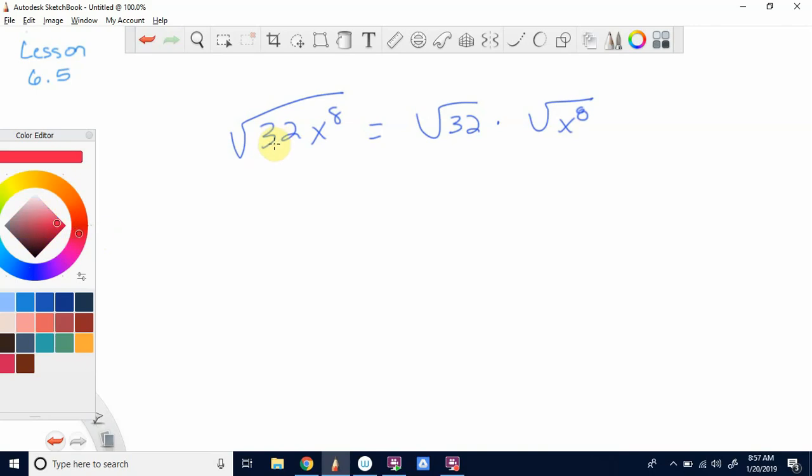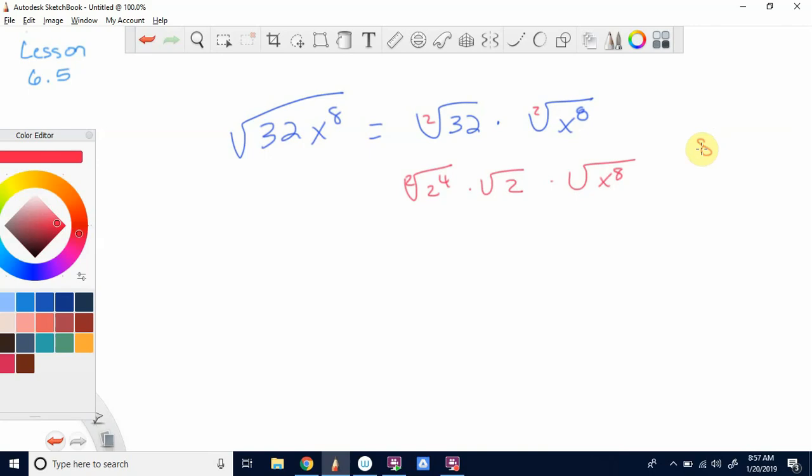Remember, you can break it into separate radicals with the same index, which is an implied 2, right? And if you know this is 2 to the 5th power, there are different ways of looking at it. It's 2 to the 4th times the square root of 2 times the square root of x to the 8th.